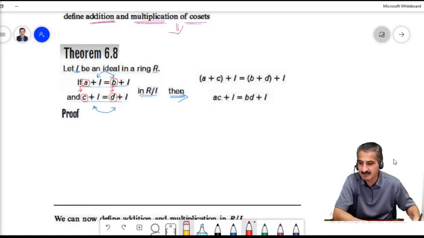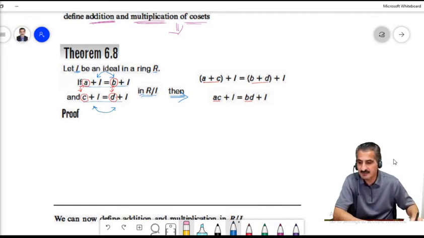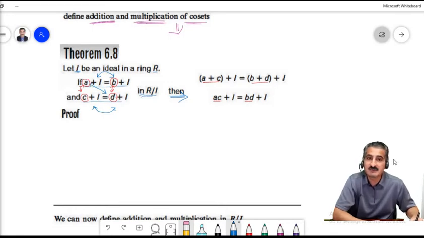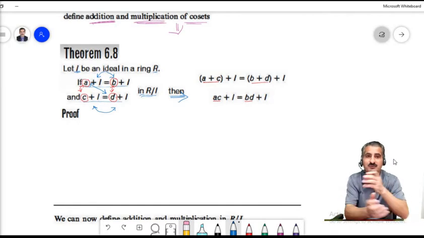So a plus c is the same as b plus d, modulo I, and ac is the same as bd, modulo I. We can interchange the roles of c and d or b and a, no problem.